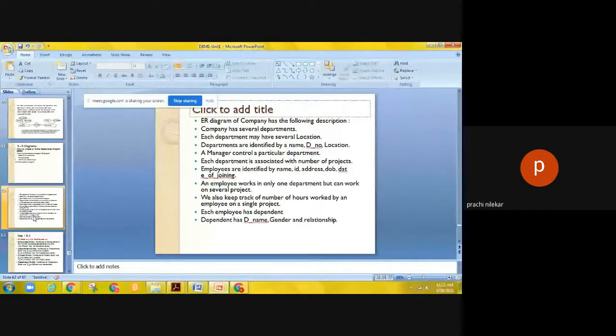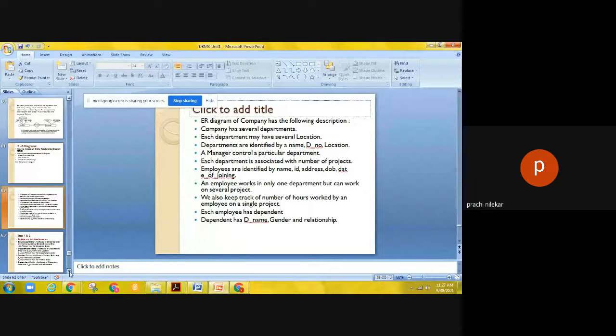We also keep track of the number of hours worked by an employee on a single project, and each employee has dependents, and a dependent has a name, gender, as well as the relationship.